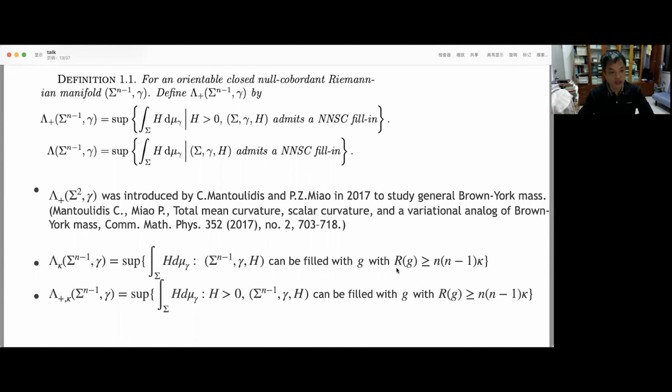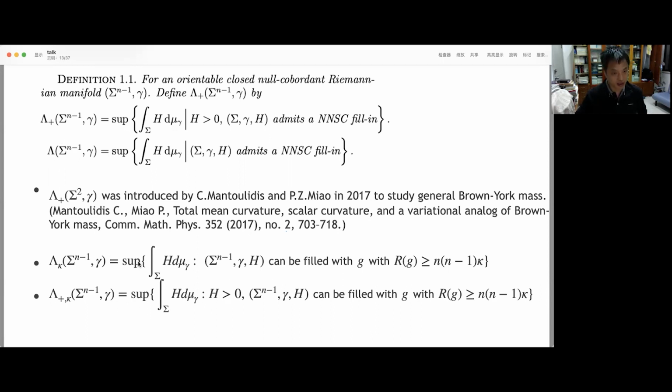Now, in the definition of this, we assume scalar curvature has such a lower bound. Here, kappa may equal 1, or 0, or minus 1. If it equals 0, then this quantity is equal to that quantity. So this is a simple generalization of this.